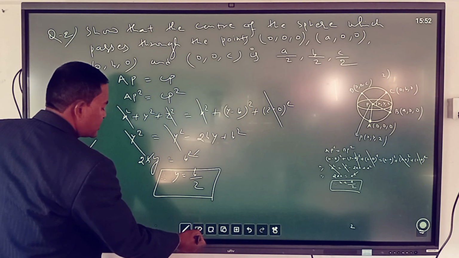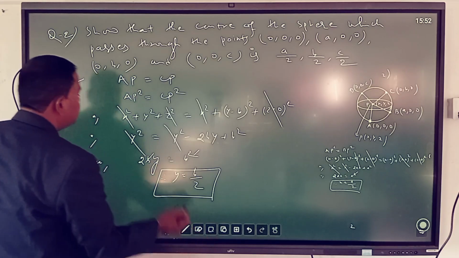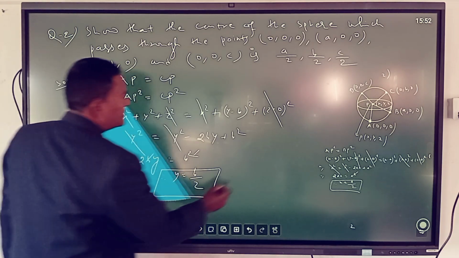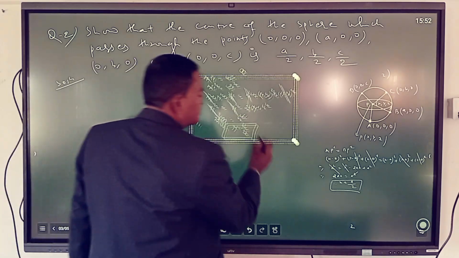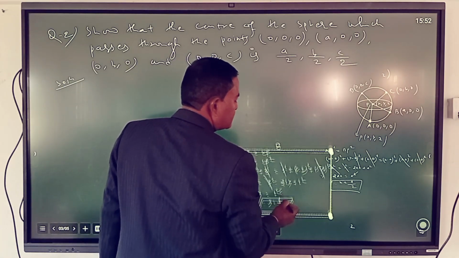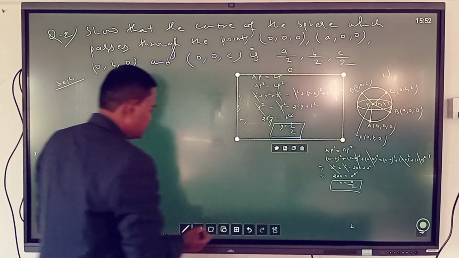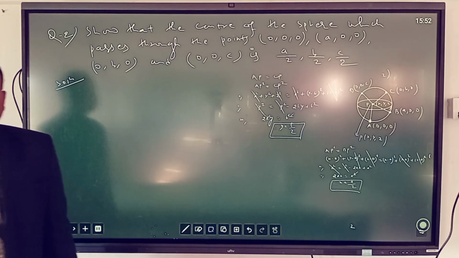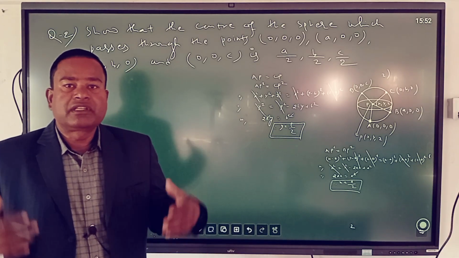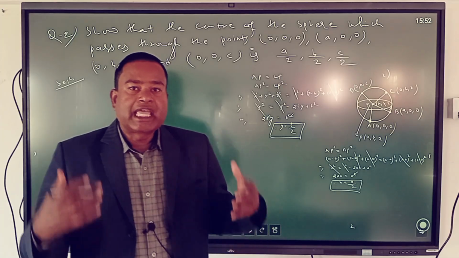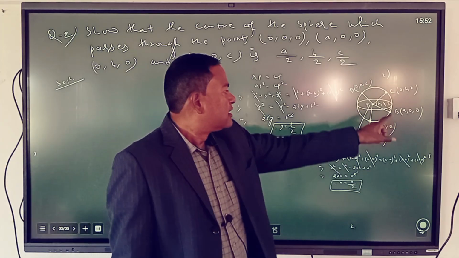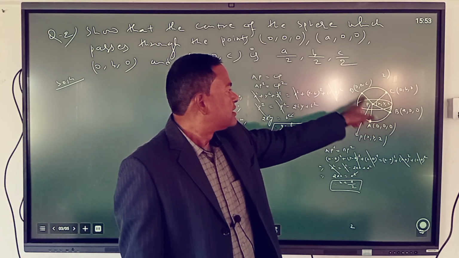Dear student, at last we are going to find out the z coordinate of the center of the sphere. The z coordinate will be found again by using the distance formula and equating AP and DP.